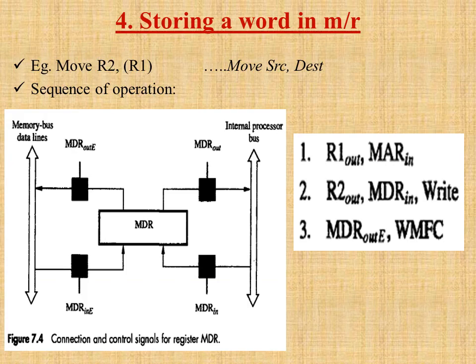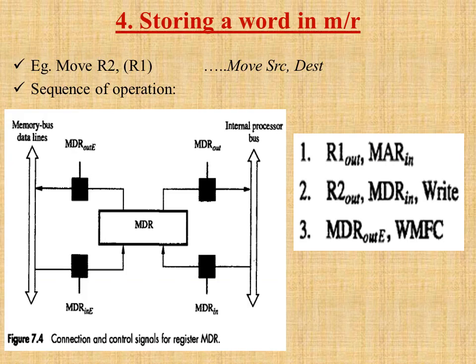The sequence of operations is shown in 3 steps, using the in and out control switches of the respective registers. In the first step, R1 out, MAR in. In the second step, R2 out, MDR in, and the write control signal, because we are going to write into the memory location.